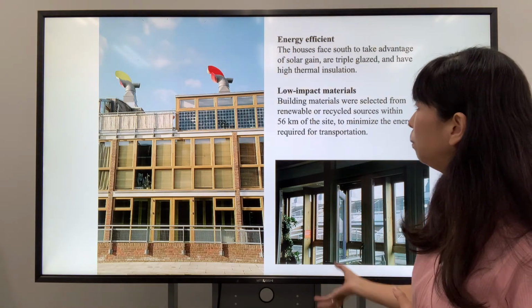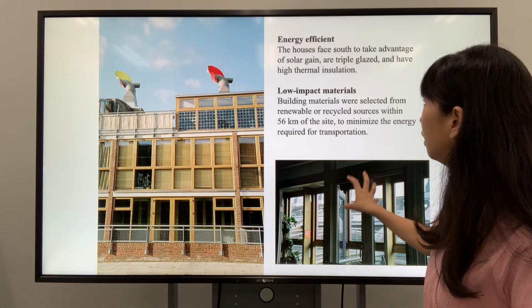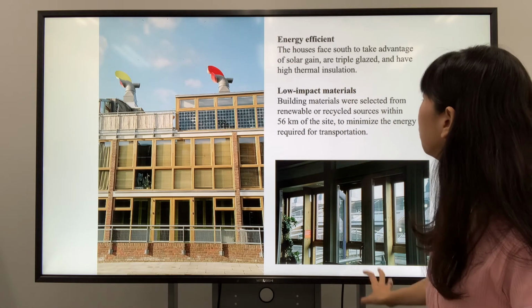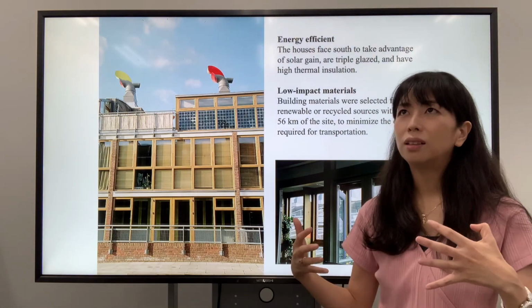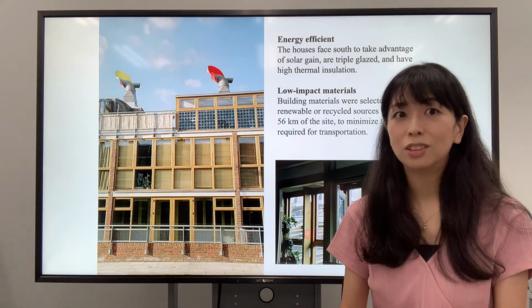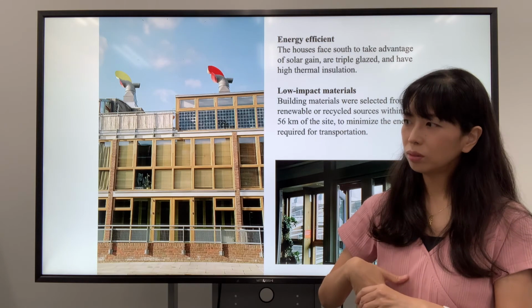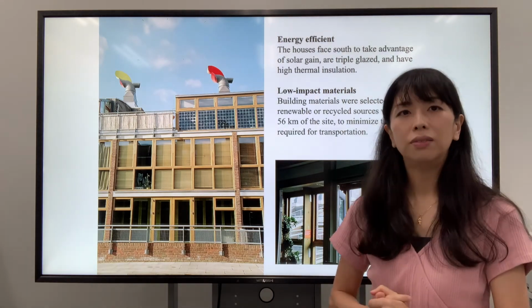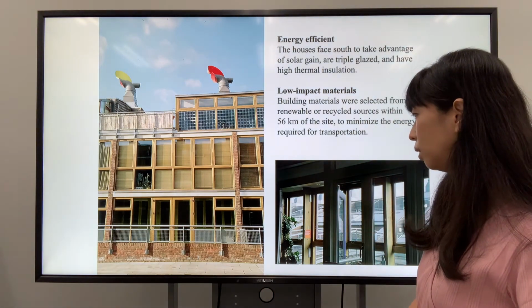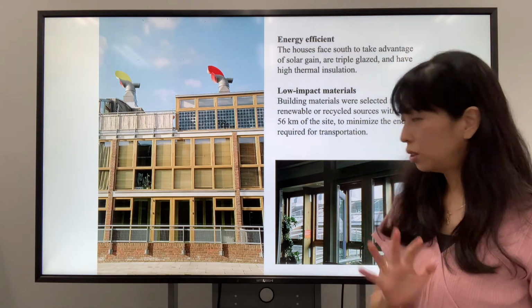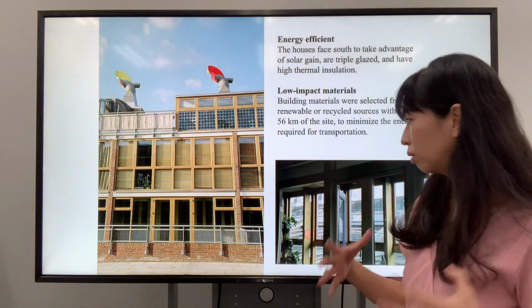However, what people there told me was that this very high insulation window was not really purchasable, or they couldn't find it locally, or they couldn't even find it in the UK. So they had to import it from a Scandinavian country. Apart from this one, all the materials were found in the local area to reduce the transportation.